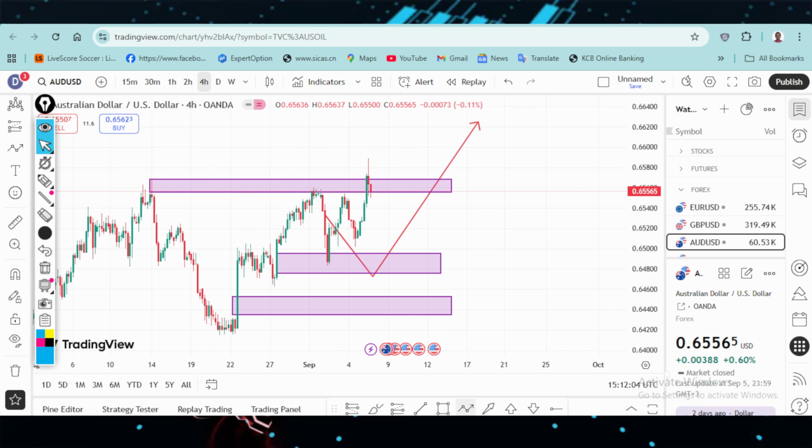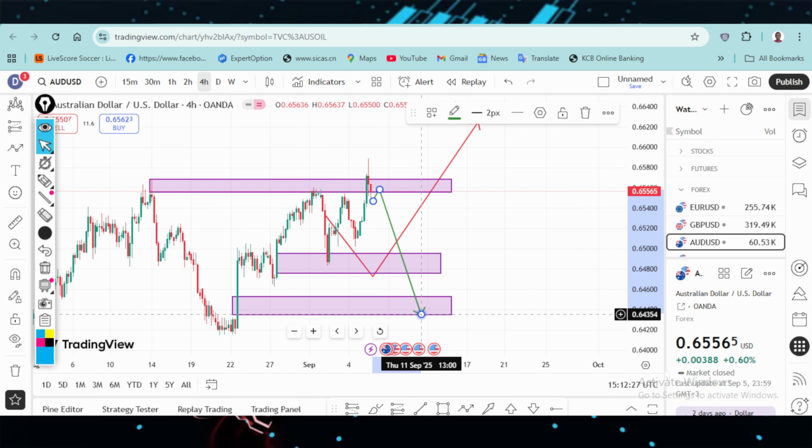What is next? Because of this liquidity grab, the market has to continue to move down before any further move to the upside. But I can't tell if it can really come and move to the upside. What I'm expecting for this week is for the market to come and reach this level, or it might even reach back to this level, before we can see any further move to the upside.